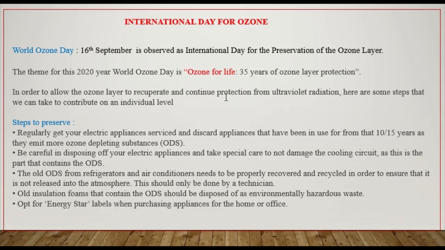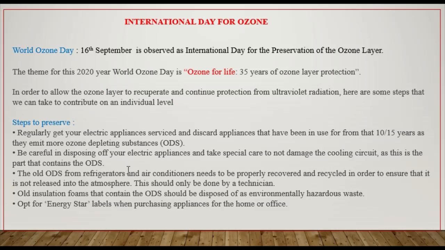So there are a few things which are necessary in our daily life which are helpful for the preservation of ozone. You have to regularly get your electrical appliances serviced, discard the old ones. They emit more ozone depleting substances, and we should be careful in disposing of electrical appliances, especially the air conditioners.